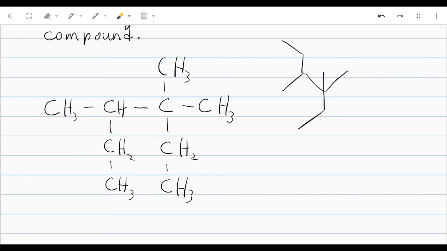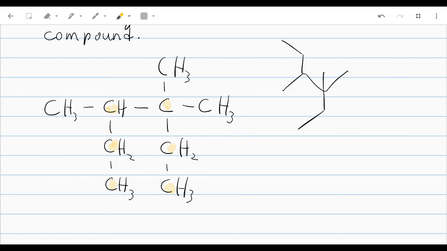So we can count up, okay, 1, 2, 3, 4. Is there a longer chain? Well, we could also count 1, 2, 3, 4, 5. That is a longer chain, but the best one is 1, 2, 3, 4, 5, 6.